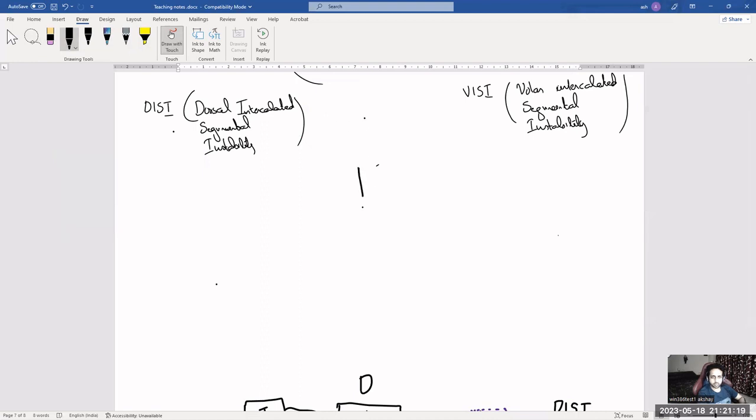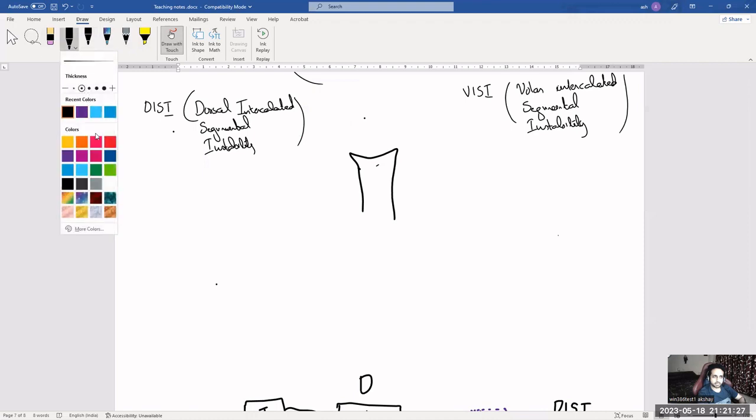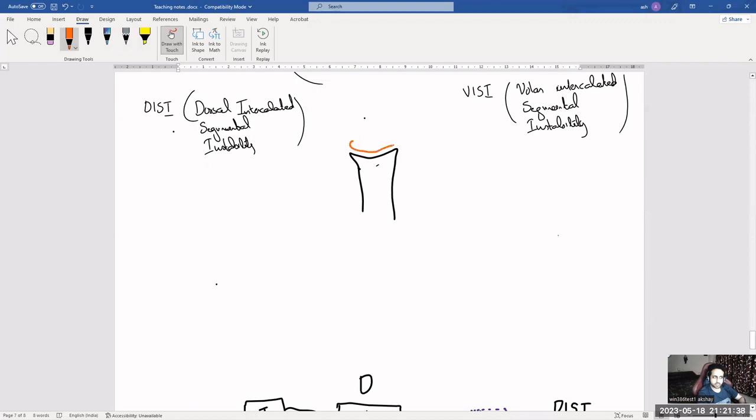This is the radius, this is the lateral view. The lunate bone comes right above the radius, somewhat like this.